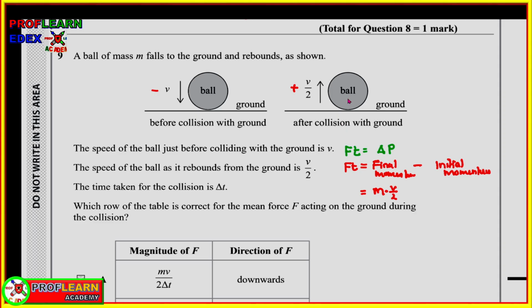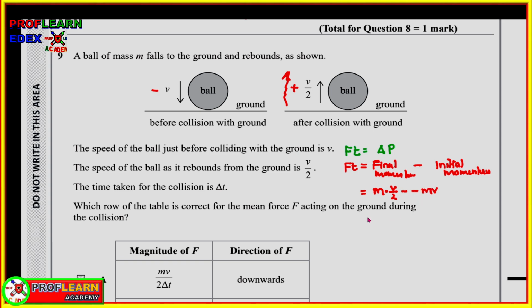That's the final momentum because the ball was going up at the speed of v/2, so mass times velocity, minus the initial momentum. It was coming down, so let's take that to be negative. Upward we assign to be positive, so it will be minus negative mv.